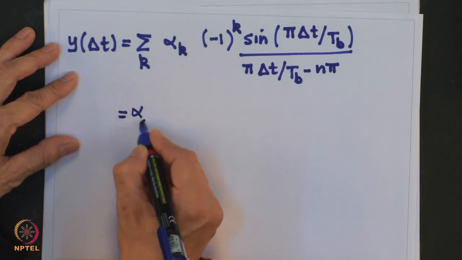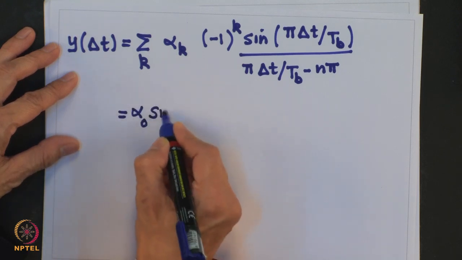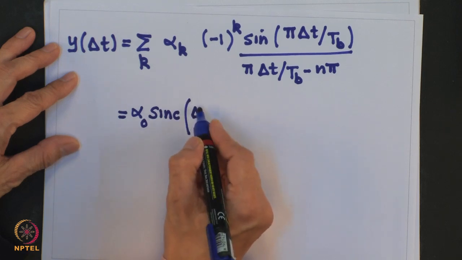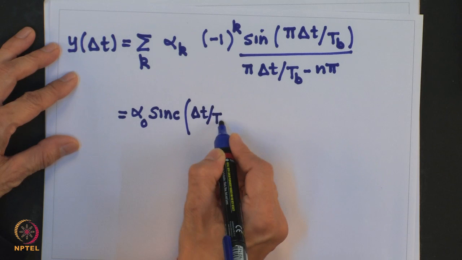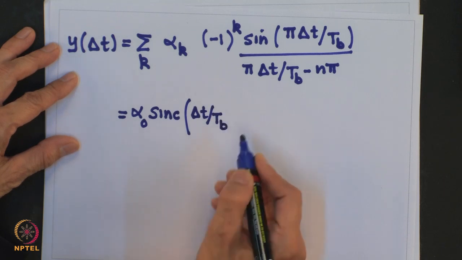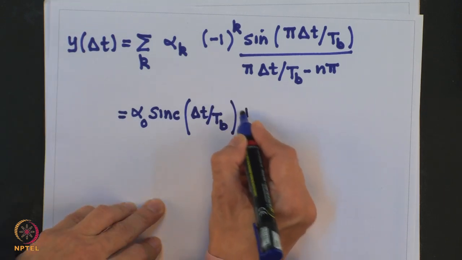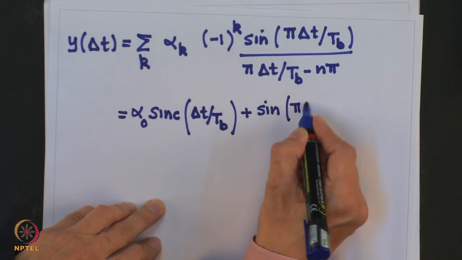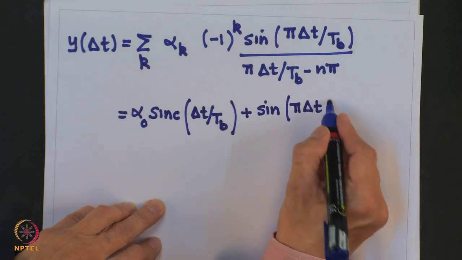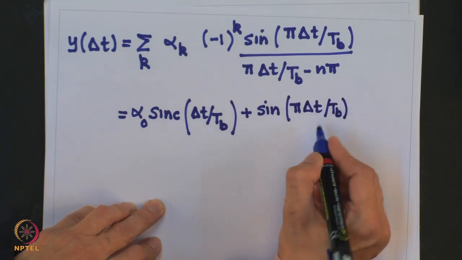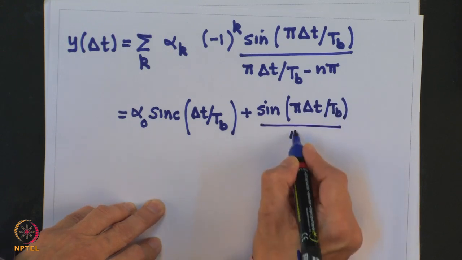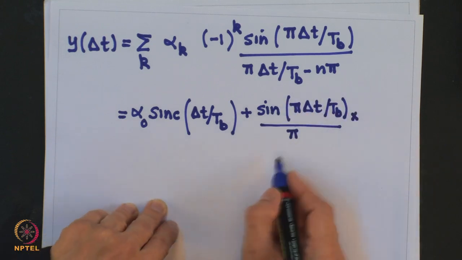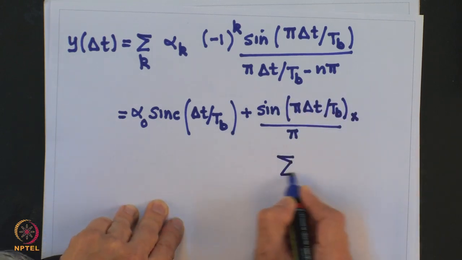This I can rewrite, and this quantity gets multiplied by the quantity which I am writing below here.